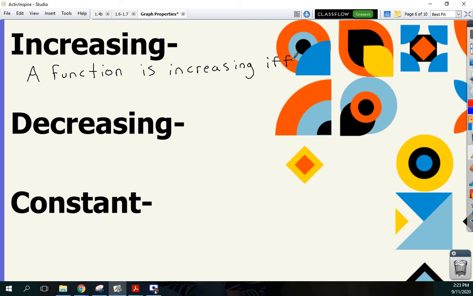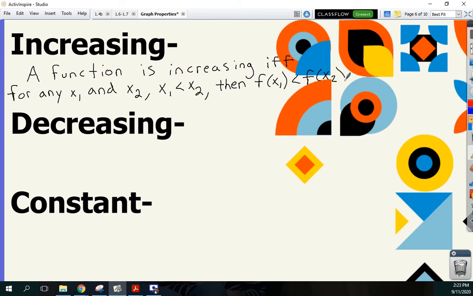So that's what the double arrow means, is if and only if, for any x1 and x2, if x1 is less than x2, then f of x1 is less than f of x2.